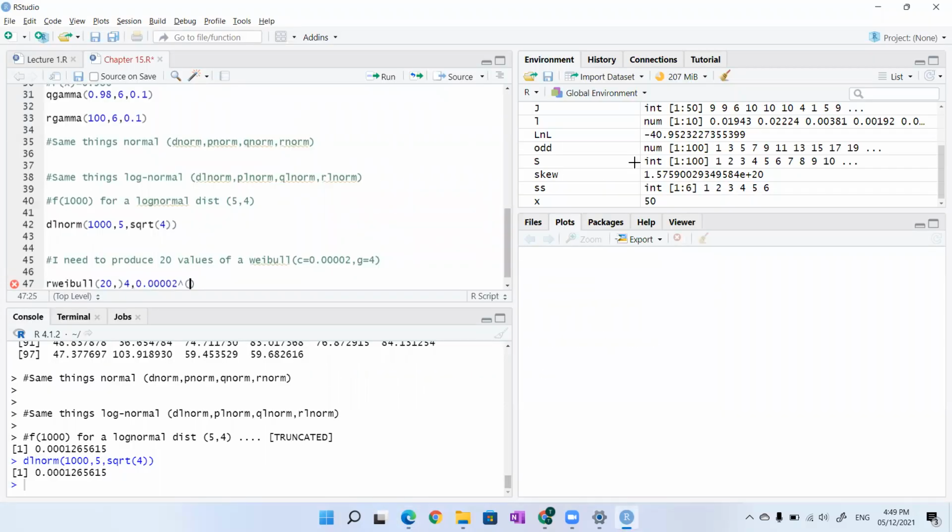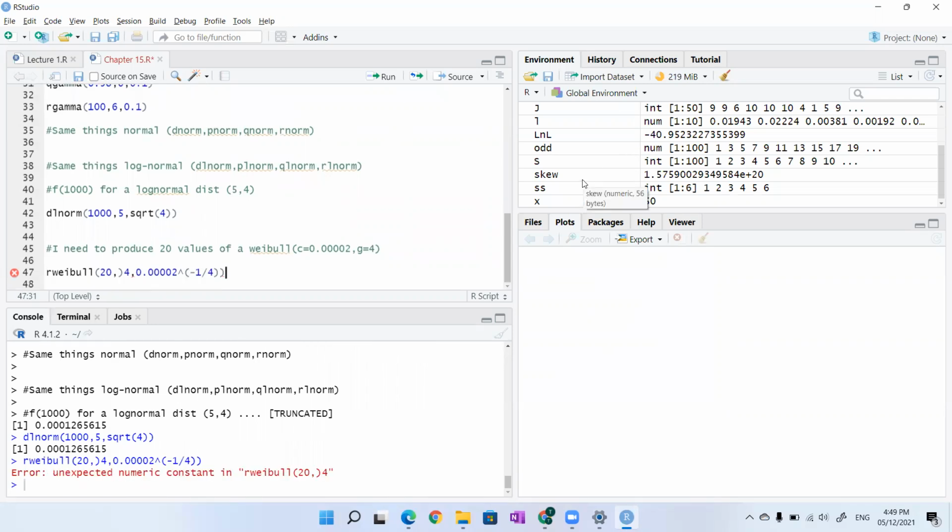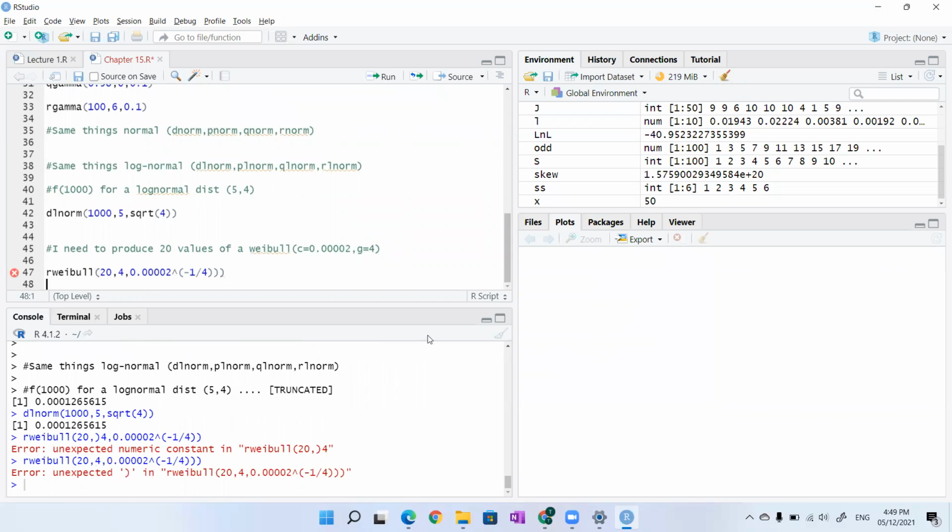Oopsie, the bracket closed here. Raised to minus 1 by 4.